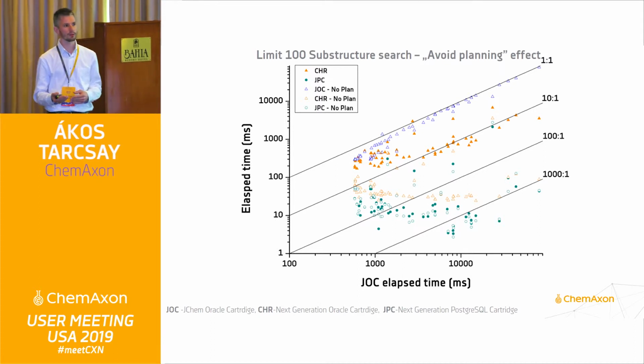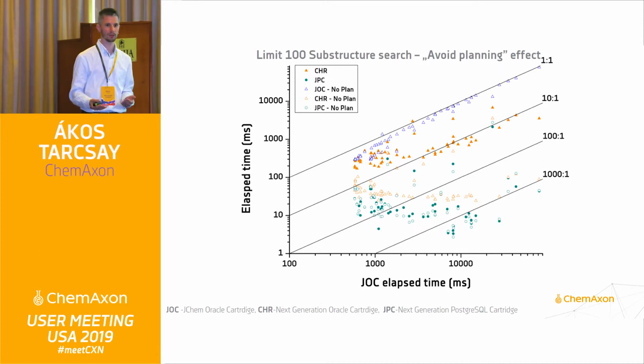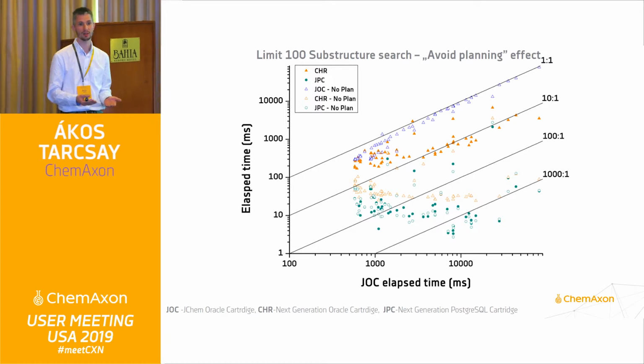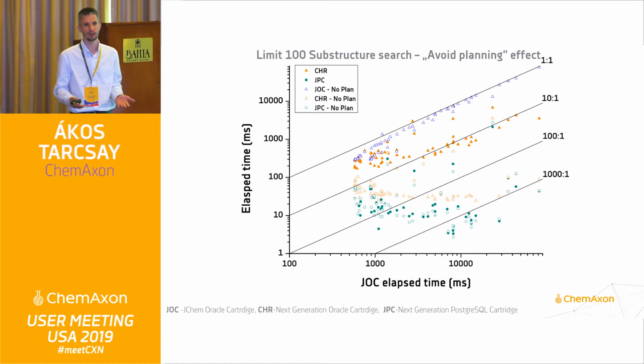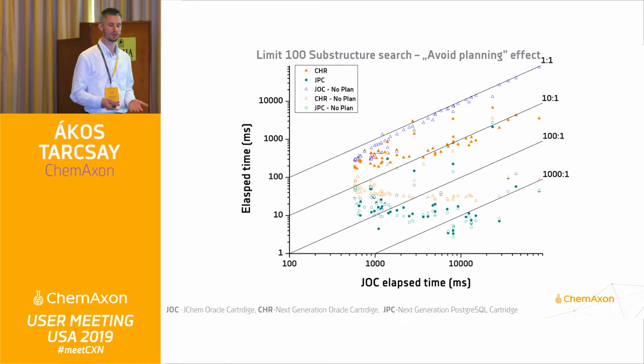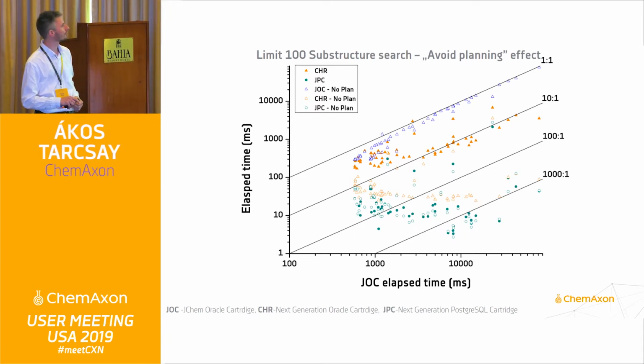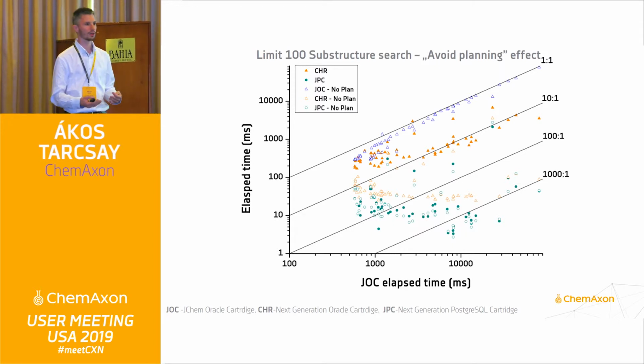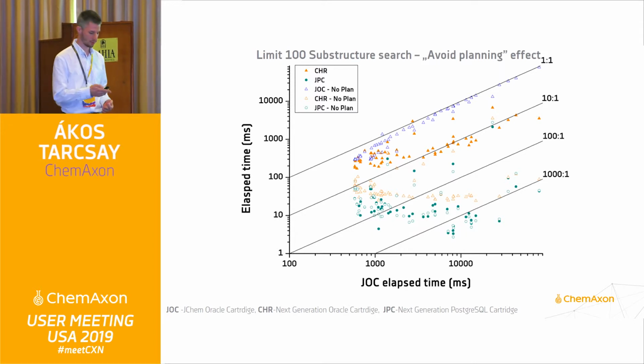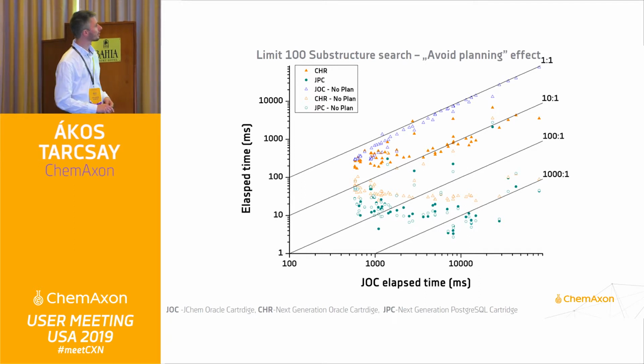So this really affects Oracle, not Postgres, since Postgres is not doing this unnecessary cost estimation call towards our engine. But Oracle does this, and if you compare these dots to those ones, you can see that there is an impressive difference.